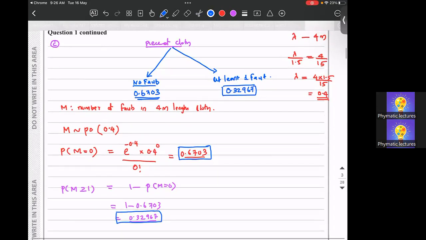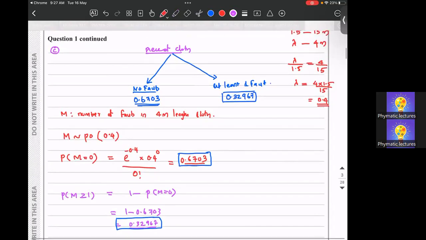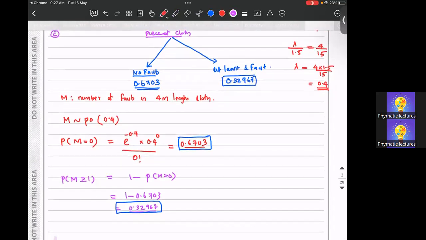Now, the idea is very simple. Either we will get profit or loss. It depends upon the faults. If there are no faults, that leads to profit. And if it has at least one fault, that leads to loss.